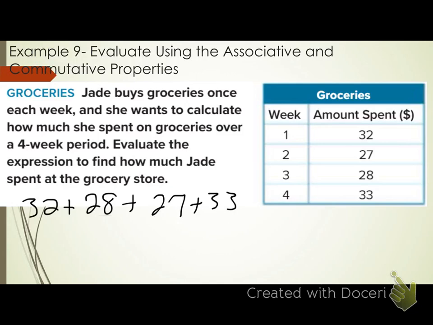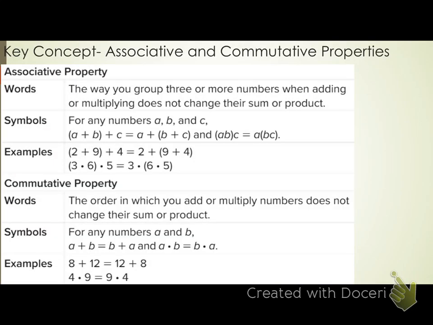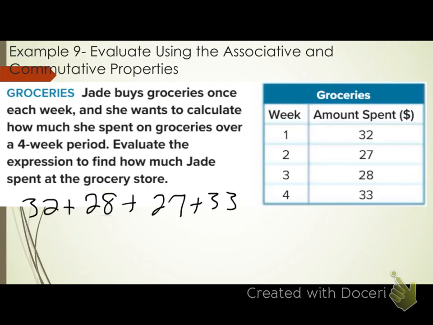What does the associative property tell me I can do? You can group them. Yeah, I can group numbers together to kind of shorten my process, right? So here, I'm going to group my first 2 numbers together, my last 2 numbers together. I can now do both of these addition problems within the same step.